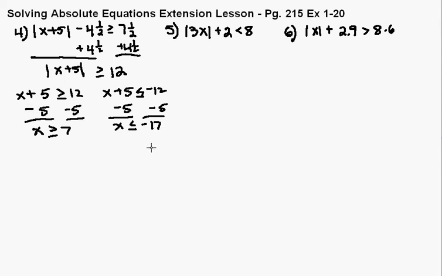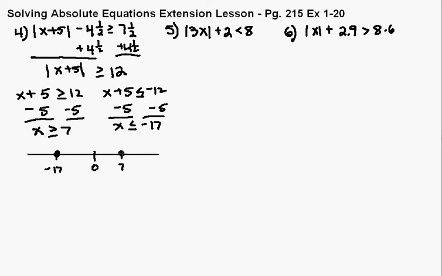So let's do the number line. So here's 0, here's 7, here's negative 17. These are both equal to, so they're dark dots, closed circles.